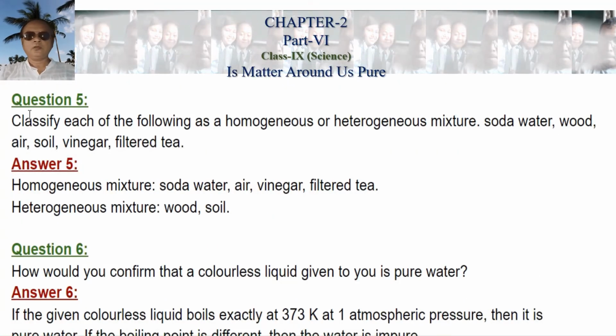Now question number 5. Classify each of the following as homogeneous or heterogeneous mixture: soda water, wood, air, soil, vinegar, filtered tea, etc. Homogeneous mixtures are soda water, air, vinegar, filtered tea. Heterogeneous mixtures are wood and soil.